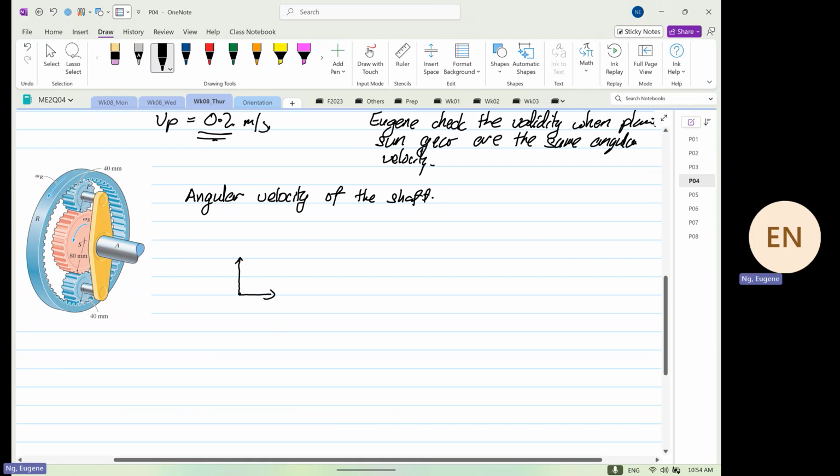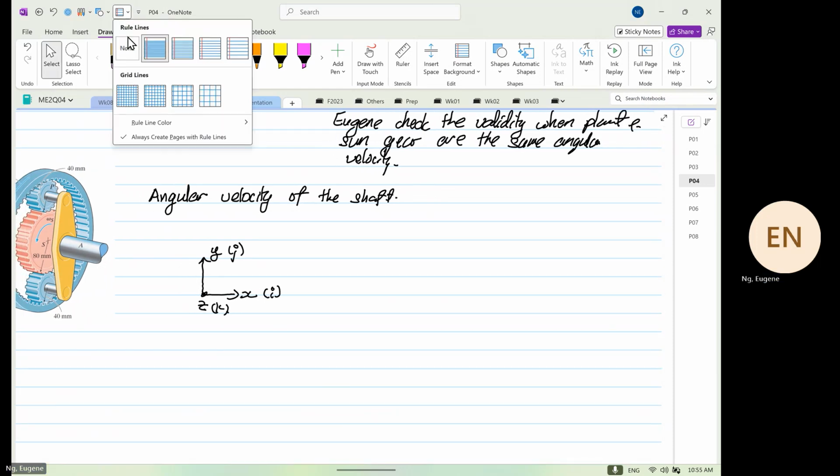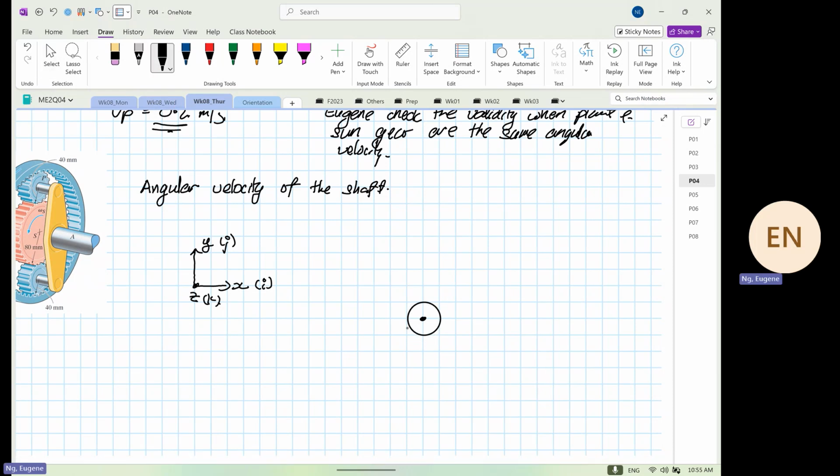Where this is X and this is Y, and this is our Z, okay, I, J, and K. So we know that there's a center now. Okay, and then we are aware that this is our shaft.